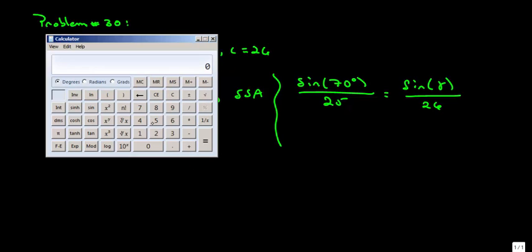Let's try this again. So the sine of 70 is 0.93. Now I'm going to divide that by 25, and multiply that by 26. I'm getting 0.977, we'll say.